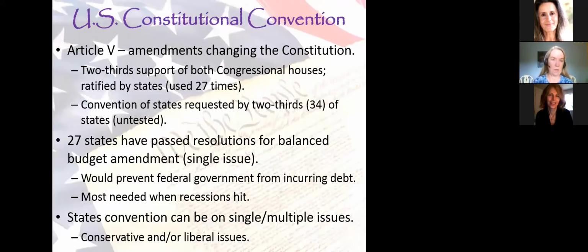I don't have enough time to go into that, but what it would do is say that from here on out, the federal government cannot incur debt. It's a backhanded approach to gut social support systems and social infrastructure in the United States.